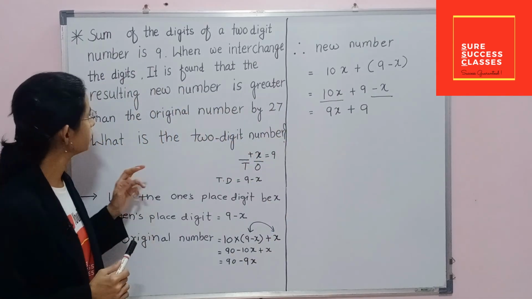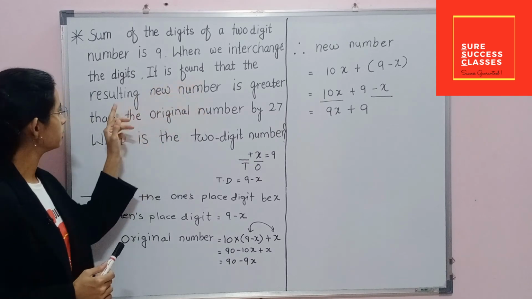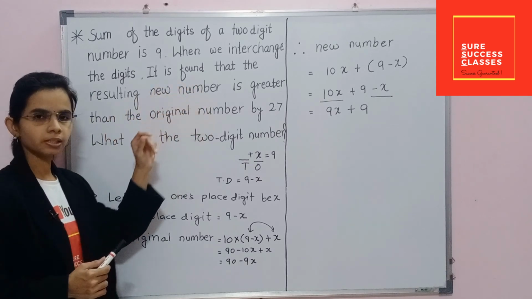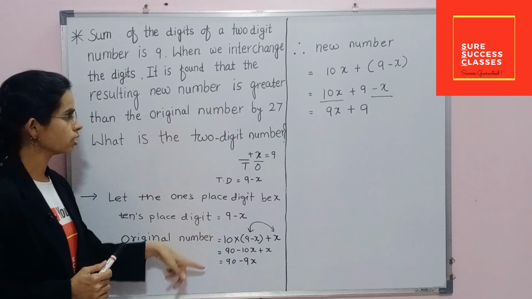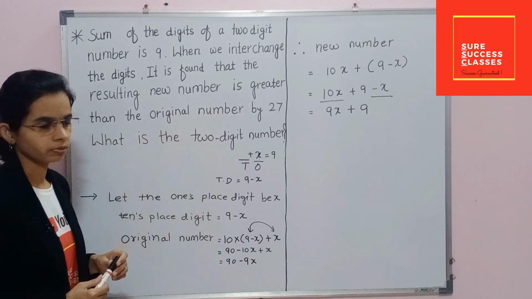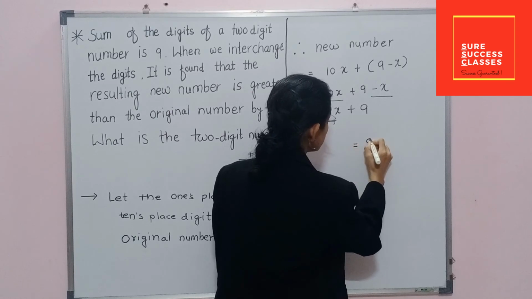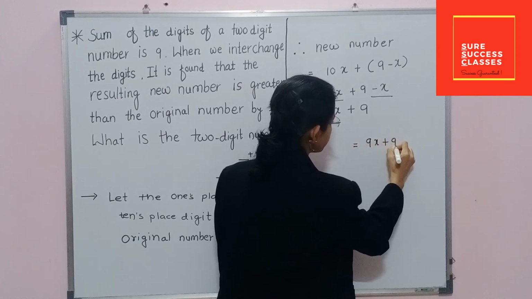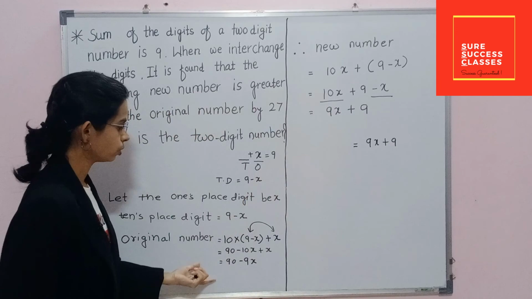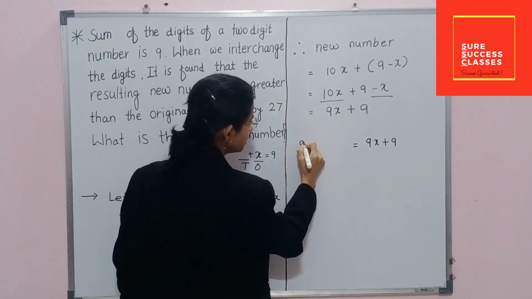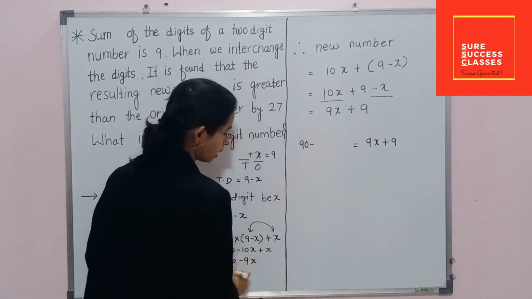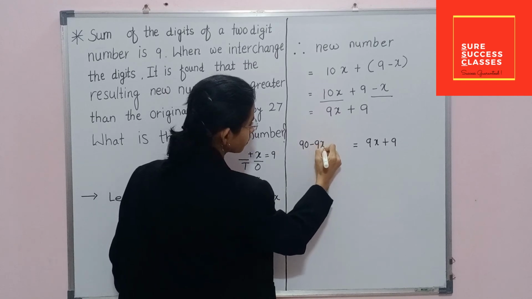The next statement gives us, it is found that the resulting new number is greater than the original number by 27. New number is 9x plus 9. It is greater than the original number. Original number is 90 minus 9x.